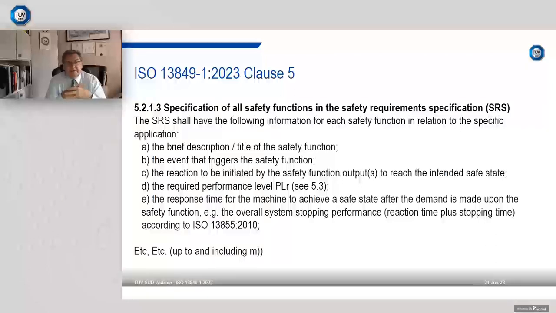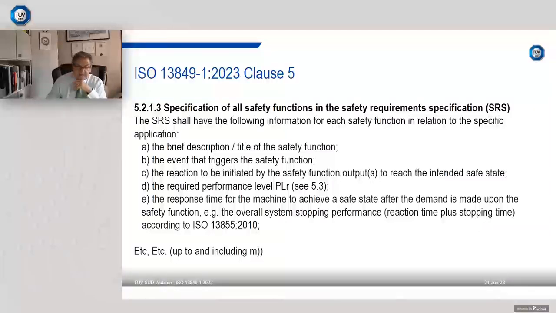So it's a mandated normative requirement. And these are just the first 5 points. The list goes right up to point M. So it's got a great deal of clarity on what is required in a safety requirement specification.